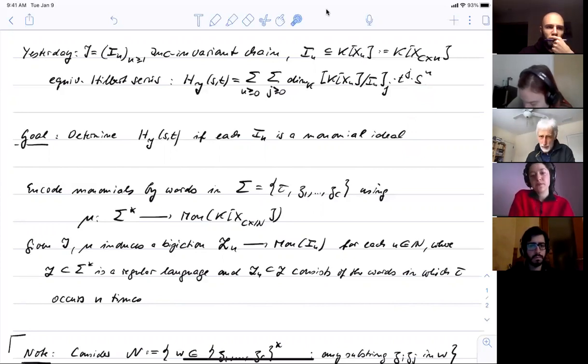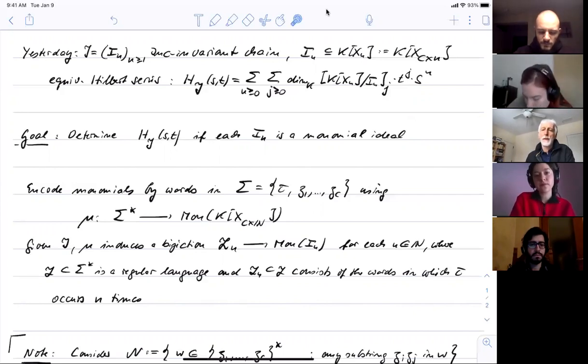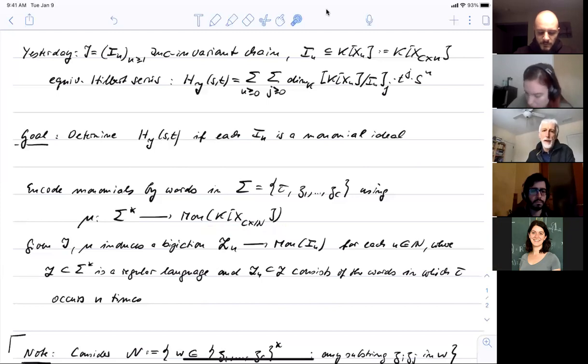And so we started by discussing languages, where we have a finite alphabet, and words are just strings of letters in the alphabet. And we wanted to use this to encode monomials in our favorite polynomial rings by words.